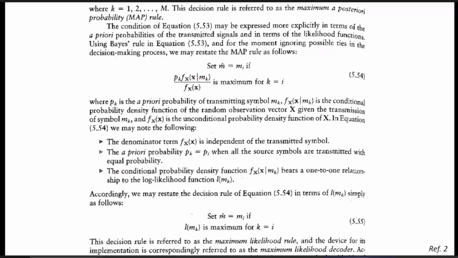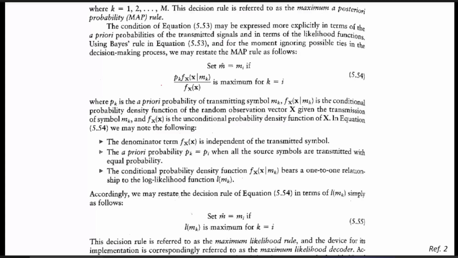Pk is the a priori probability of the transmitting symbols, and this f_X(x). If all symbols are equally likely, then the probability will be given as 1 upon M. So it is independent of the transmitted symbols mi, because this probability becomes the constant 1 upon M only.